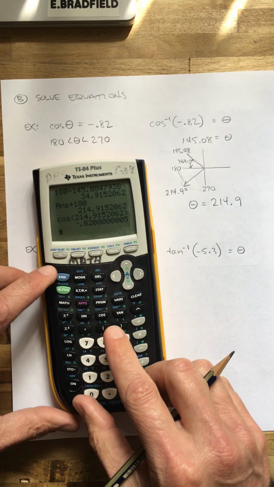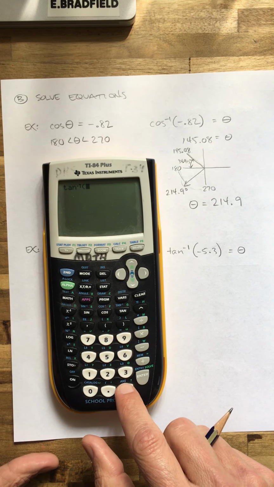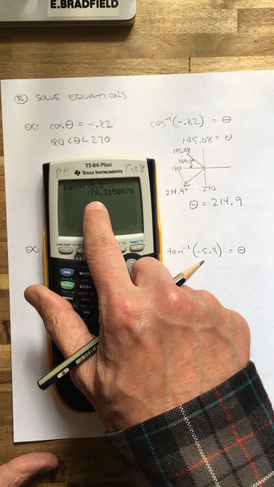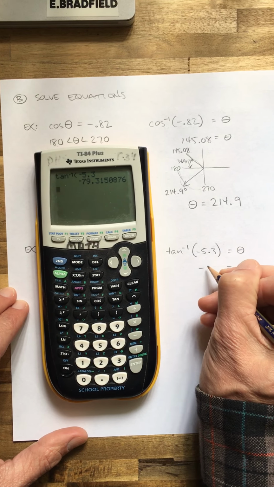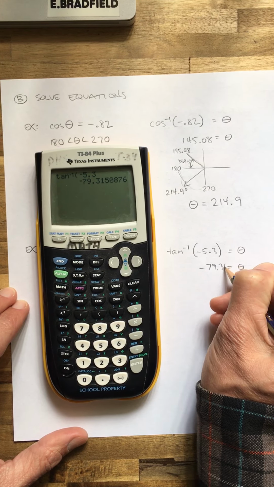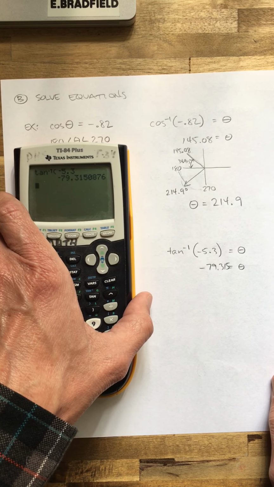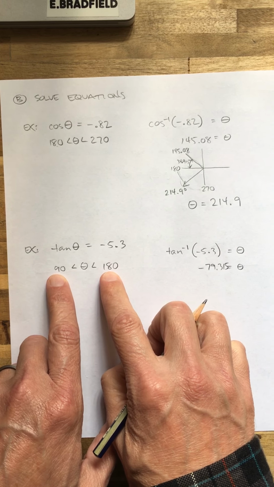So watch this. Let me clear all that. Inverse tangent of negative 5.3, okay? And there it is, negative 79. So theta equals negative 79.315, just as predicted. But we want our theta to be between 90 and 180.